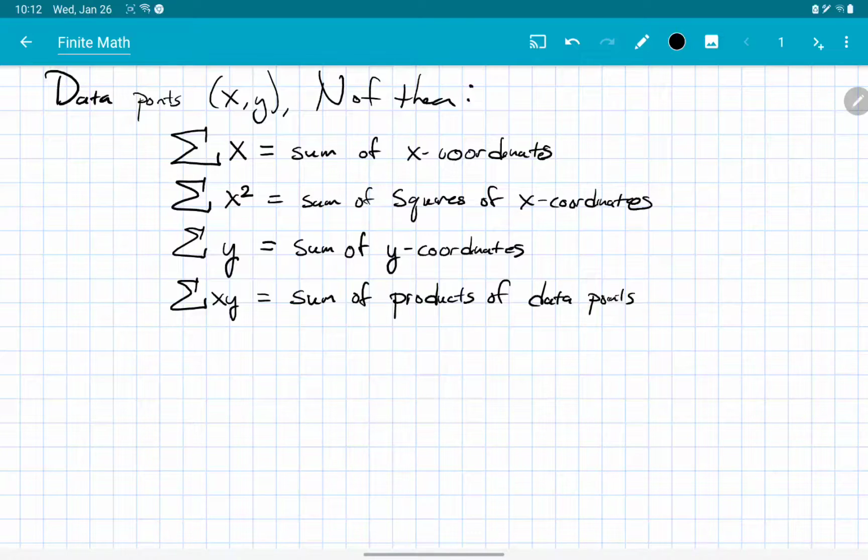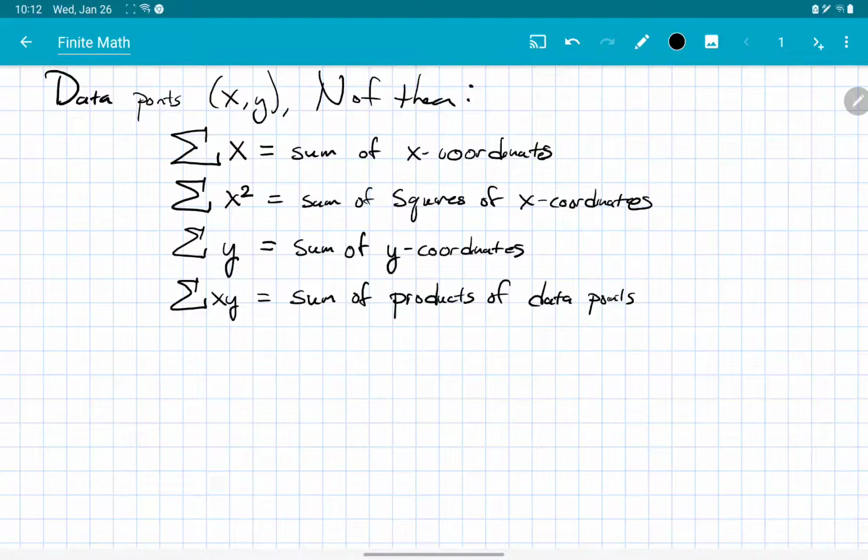So you take each data point's x coordinate times each data point's y coordinate. And we'll do an example with one of these before too long. And n is, of course, the number of data points.